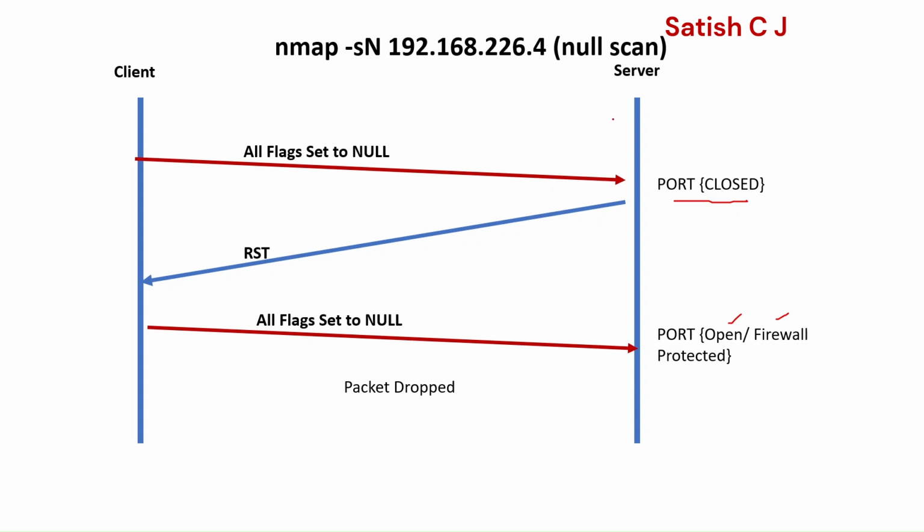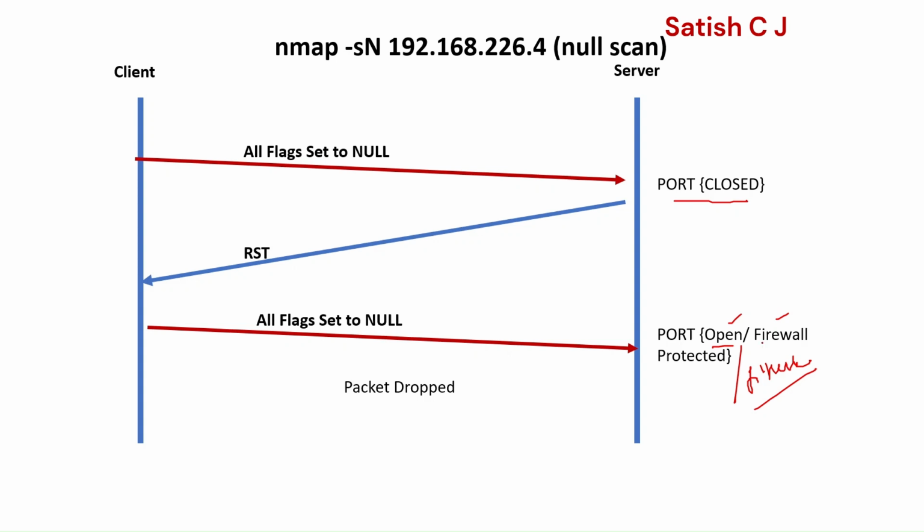So if we send a null flag and get a RST packet back, we determine the port is closed. If we send all flags null and we're not getting any response, we can say the port is either open or filtered. If we get no response, we'll conclude the port is open or filtered.